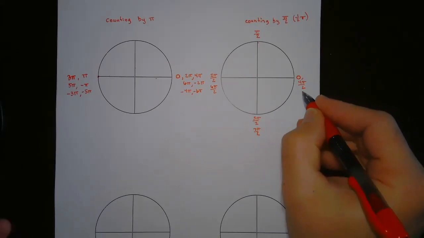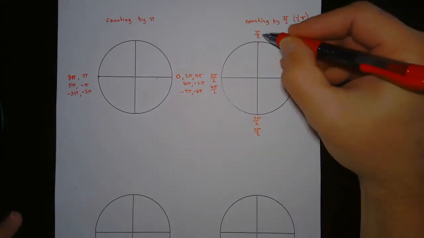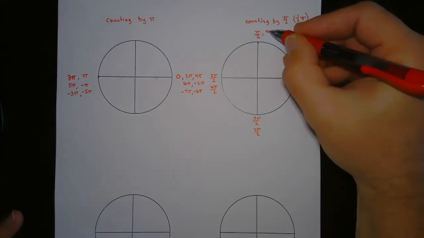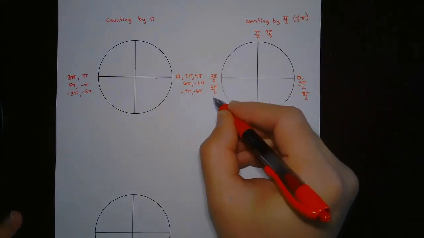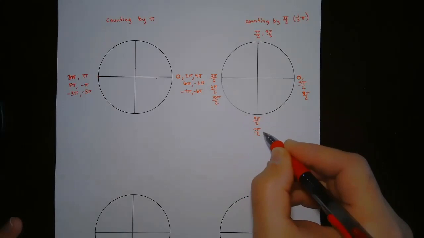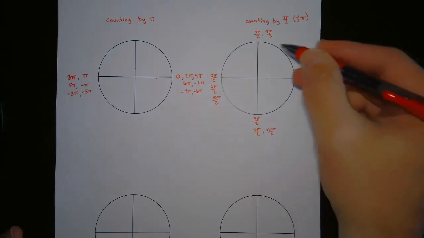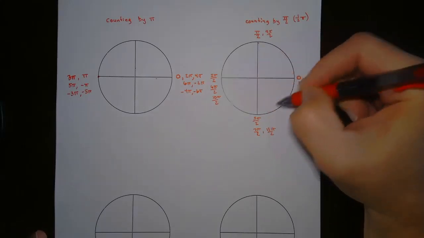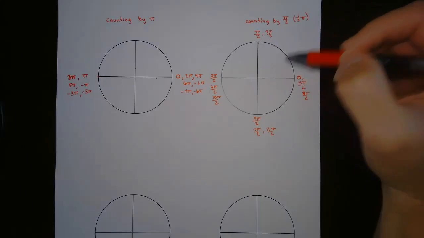This would be 8 pi over 2. This would be 9 pi over 2. This would be 10 pi over 2. Another one for this one would be 11 pi over 2. And we could keep doing this, right? We could keep rotating around and around. Every quarter turn is a pi over 2, basically, okay?